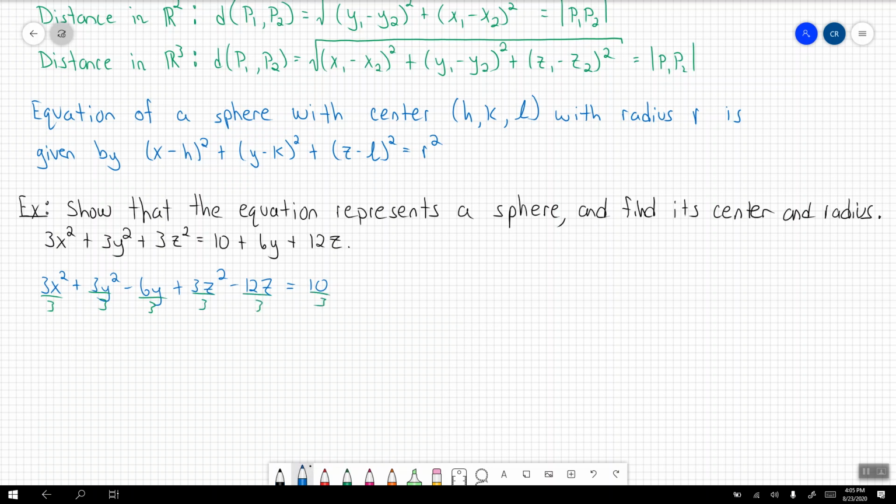There we are. So my new equation looks like x^2 + y^2 - 2y + z^2 - 4z = 10/3.